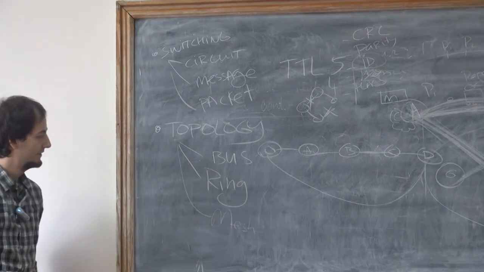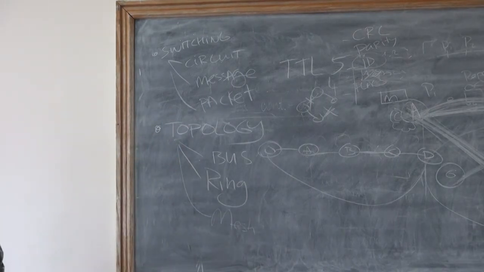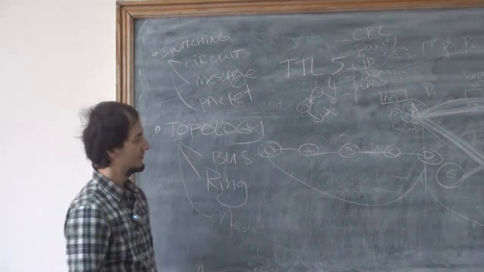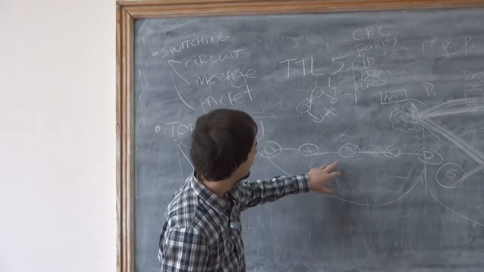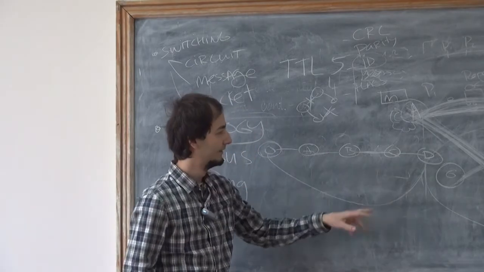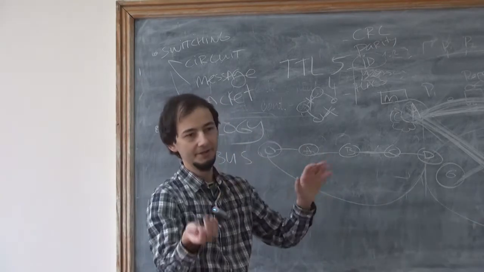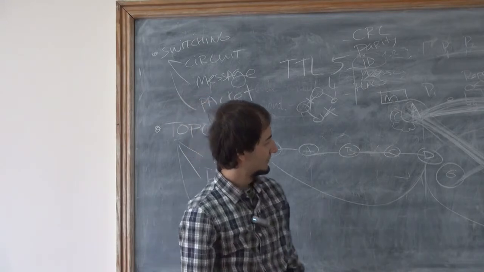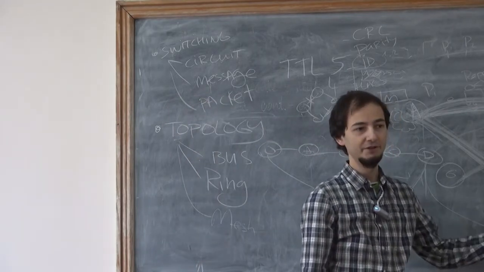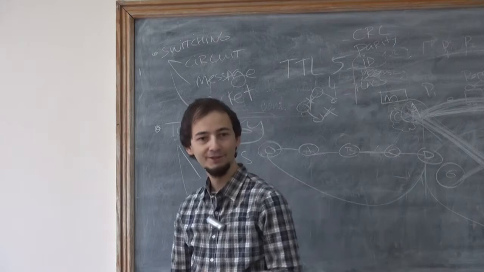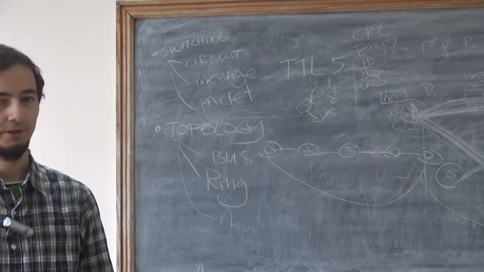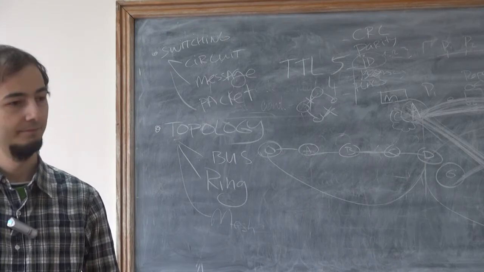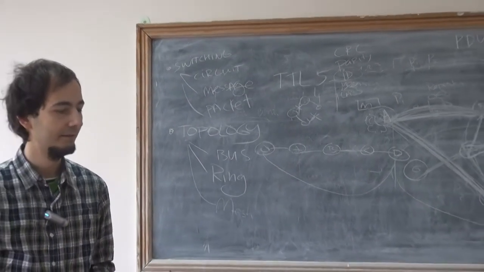Another topology is the mesh network, which is what we had here. It's not a bus, it's not a ring, it's a little bit of everything. So that's a mesh network. What are the benefits of a mesh network? Reliability. Why? Alternative paths.